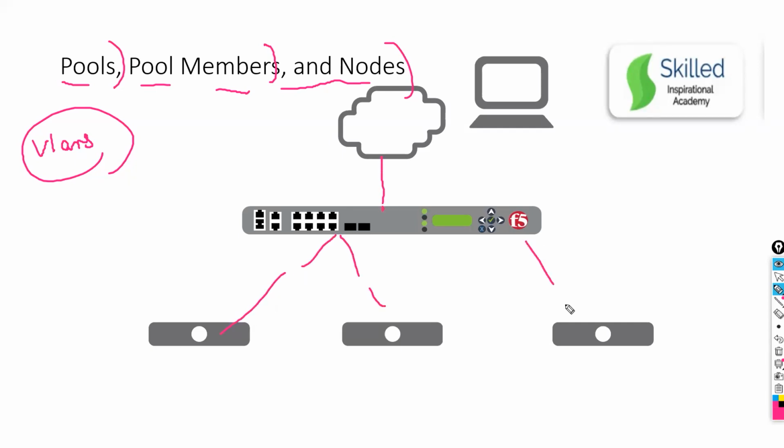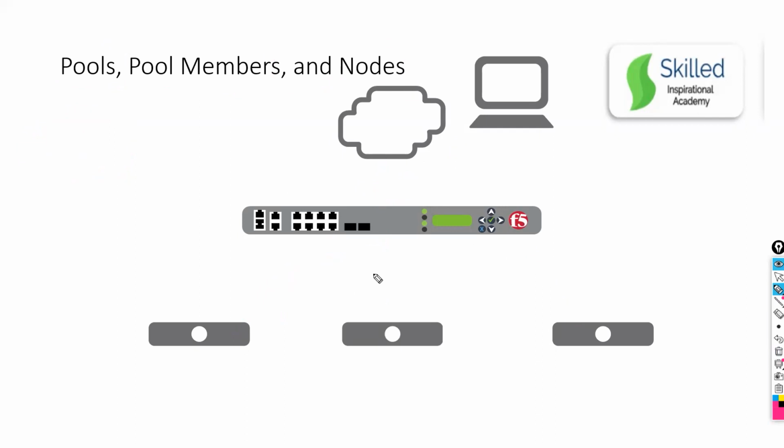This is the topology we have. We have one client to F5 connectivity and one F5 to the server. Let me make a switch also here, L2 switch. Here, let's say a firewall is coming into the picture.